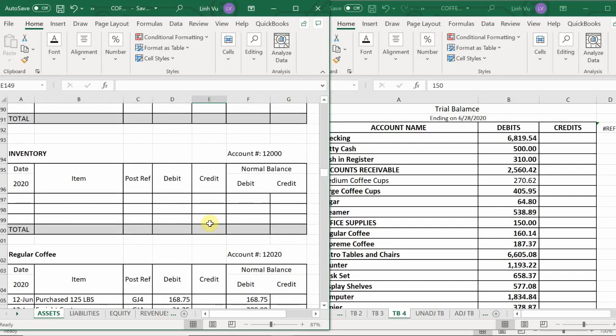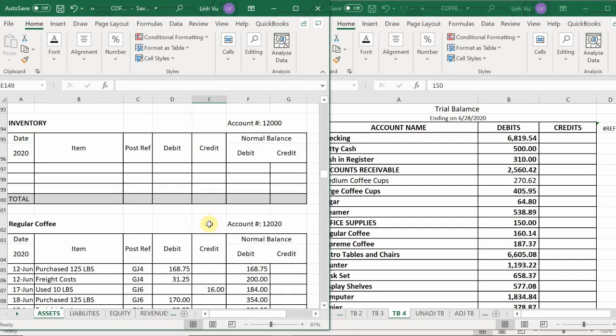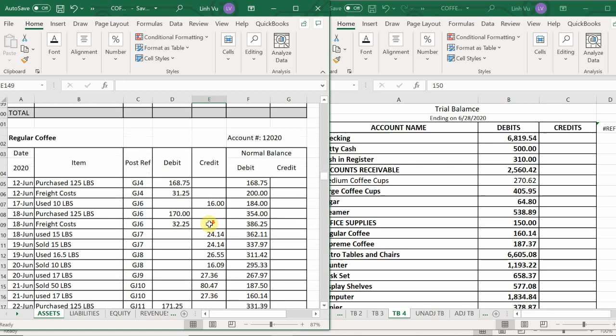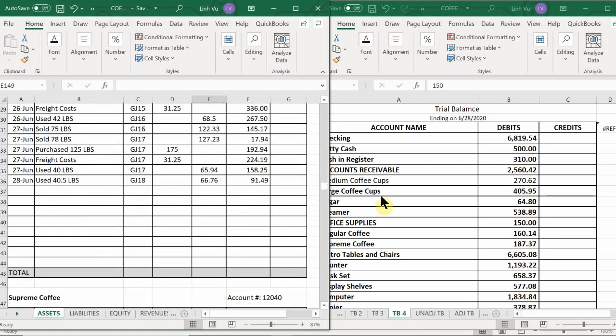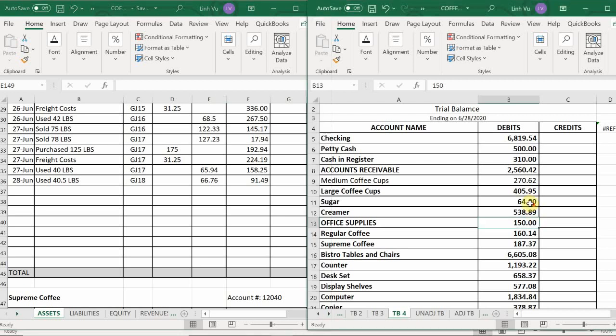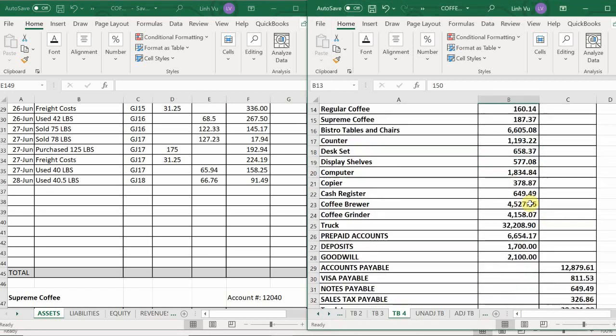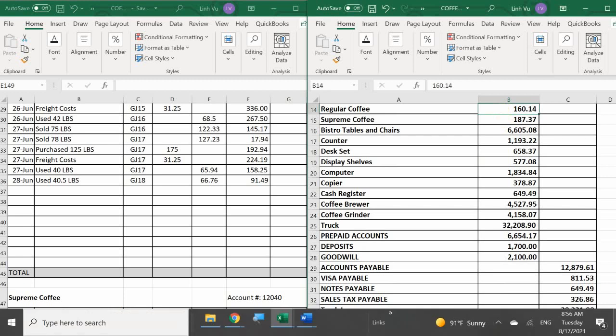Okay. Then we're moving on into inventory, right? We definitely have been messing around with regular coffee. So what's my ending balance in my regular coffee? $91.49. Right?